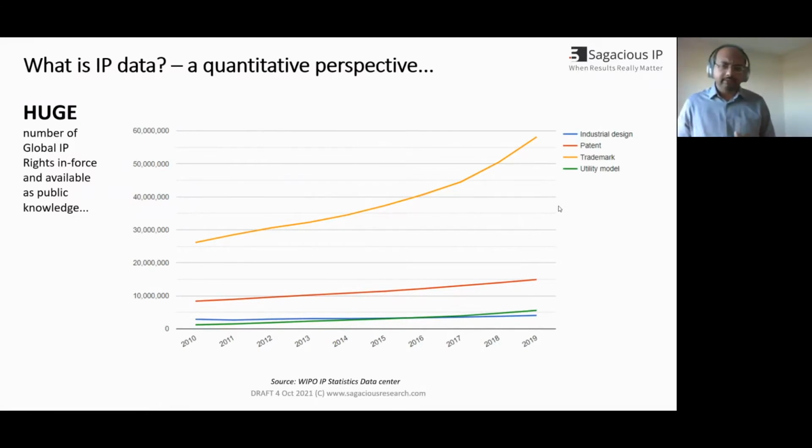We won't go into those specific things right now, but just looking at the overall quantum of intellectual property, we see a very sharp rise over the years, and you actually see that there is a huge quantum of information or knowledge, scientific knowledge, technical knowledge, of course a little convoluted in legal jargon, but still available in the public domain for use by everybody. So when you look at it from a quantitative perspective, you find that there is this huge information source out there which contains all this technical information.